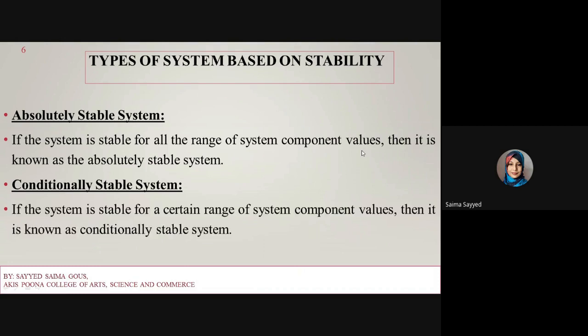A conditionally stable system is stable for a certain range of system component values. So the absolutely stable system should be stable for all the range of system component values, and the conditionally stable system is stable only for a certain range.